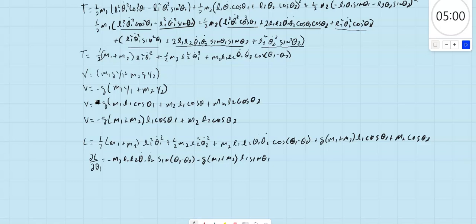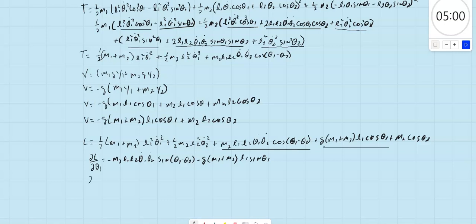And this came out from right here. You have everything, the sine, because it has theta 1 here. This came out from here, and my other theta 1 comes out from here.